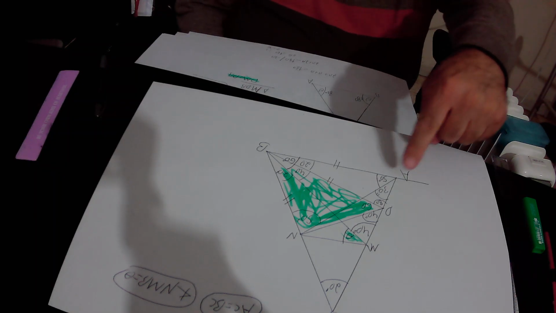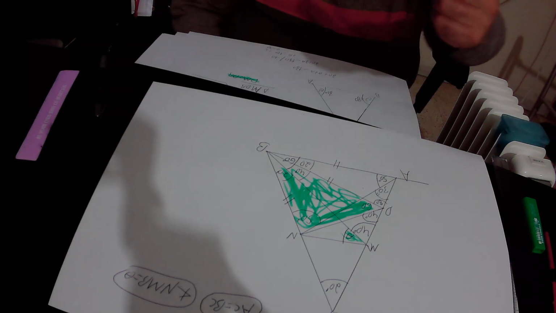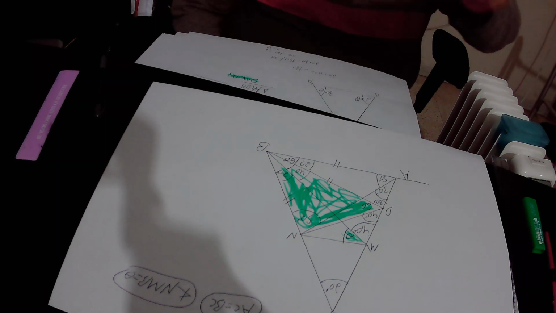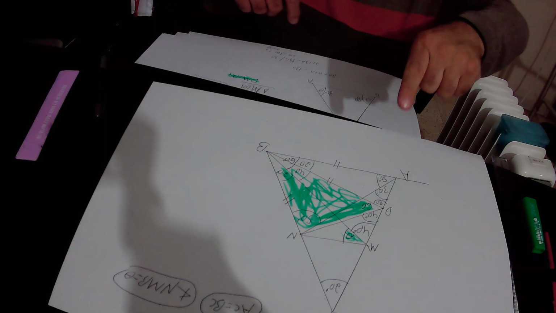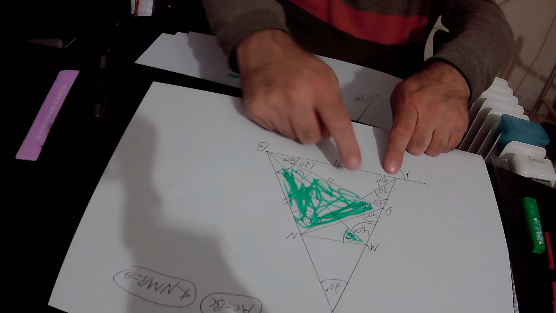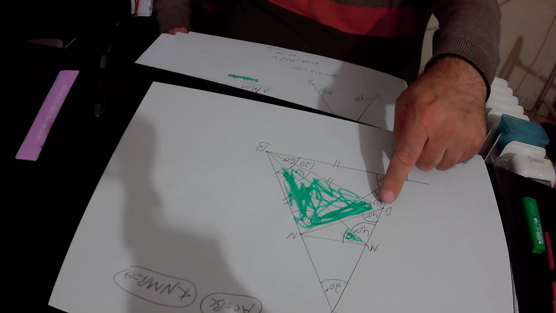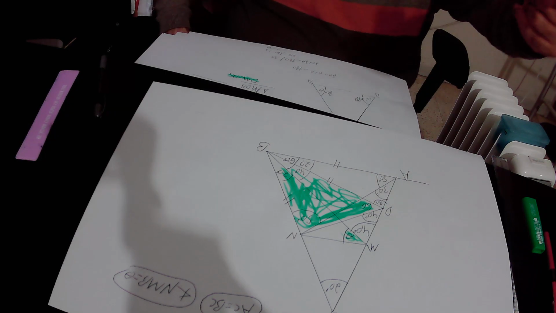So in this triangle ADB, those two sides are equal to each other. And according to the rule that in front of equal sides in the triangle there are equal angles, those two angles that are located in front of equal sides must be equal to each other. So this angle is 80 degrees, so this angle must also be equal to 80 degrees.